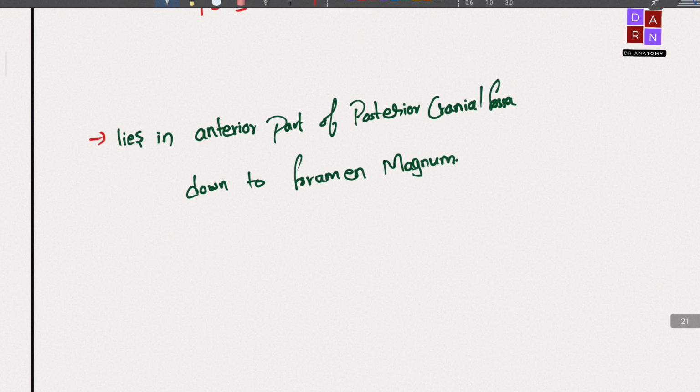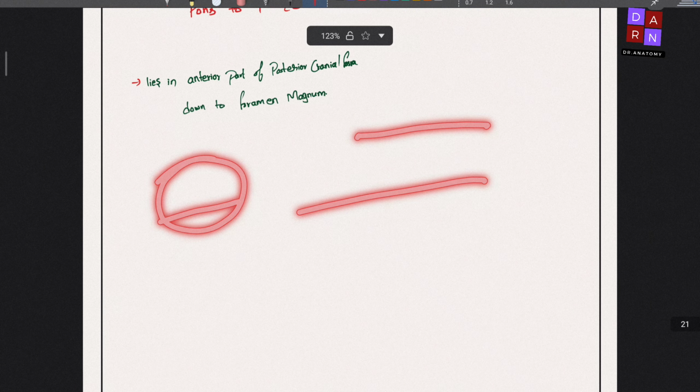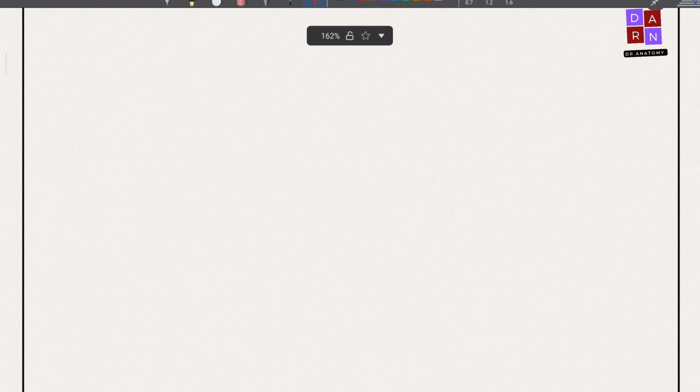It lies in the anterior part of the posterior cranial fossa and extends down to the foramen magnum.